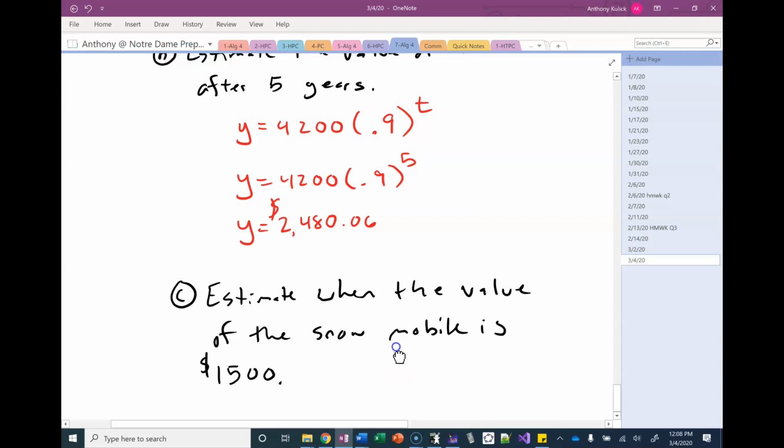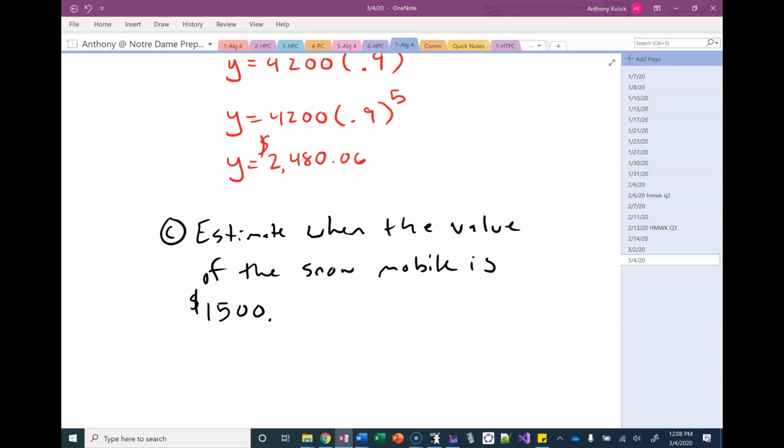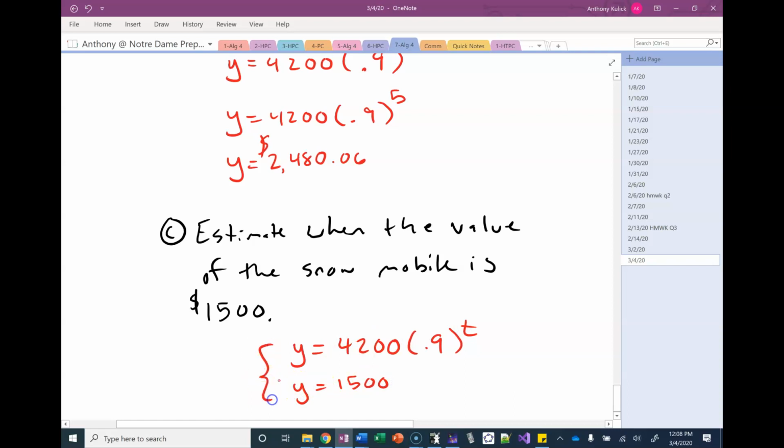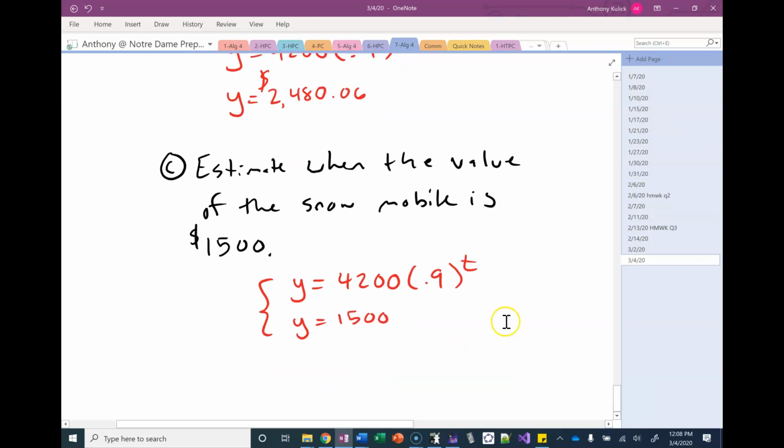So just like we did before, what we're going to do is use our model, and a system of equations to solve this. Everybody okay there? Okay.